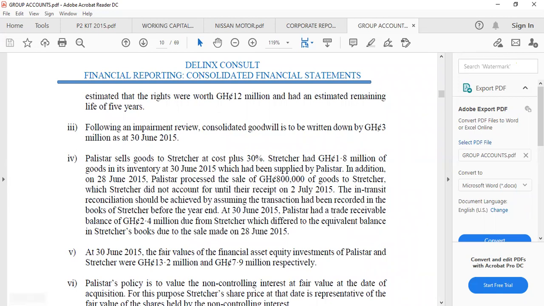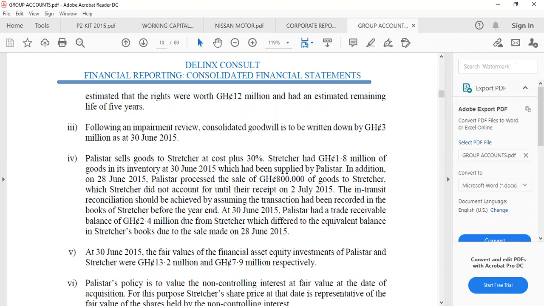So Kafi, are you there? Read for us. At 30th June 2015, the fair values of the financial asset equity investments of Polystar and Stretcher were 13.2 million and 7.9 million respectively. So what is the portion relating to Polystar and what is the portion relating to Stretcher? Polystar is 13.2 million.